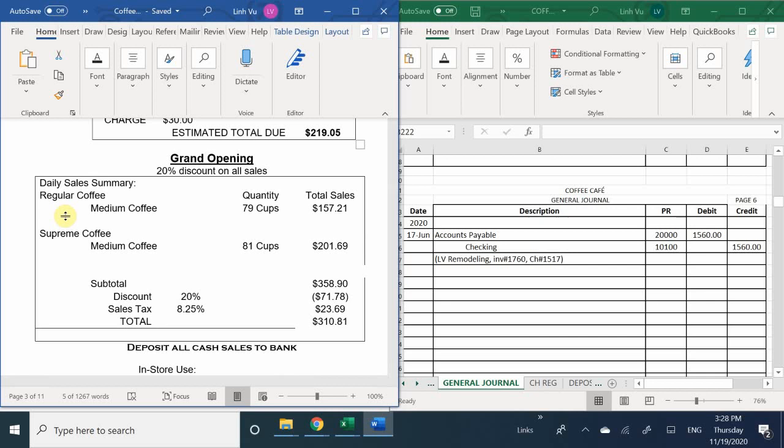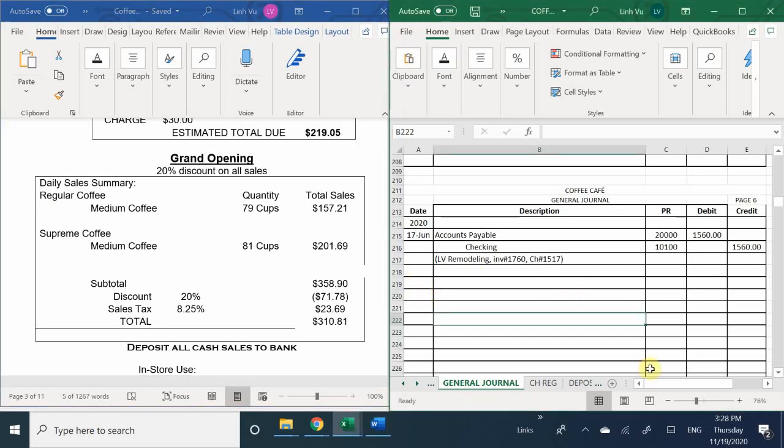Let's see here. We got the grand opening, 20% discount on all sales. So we have the daily sales summary: regular coffee, medium coffee, the quantity is 79 cups, total sales is $157.21.